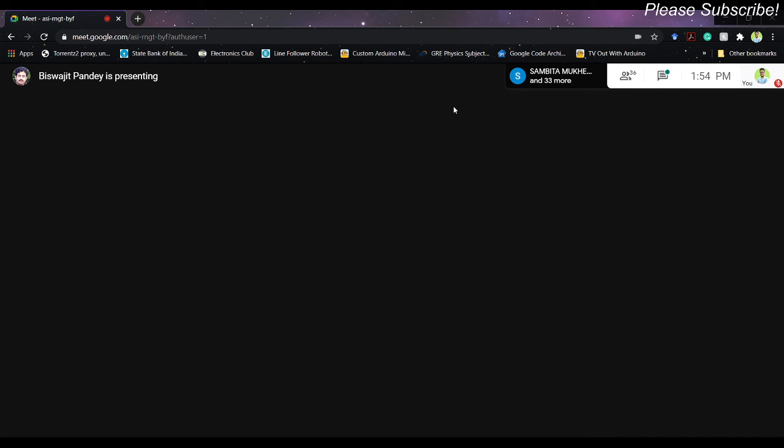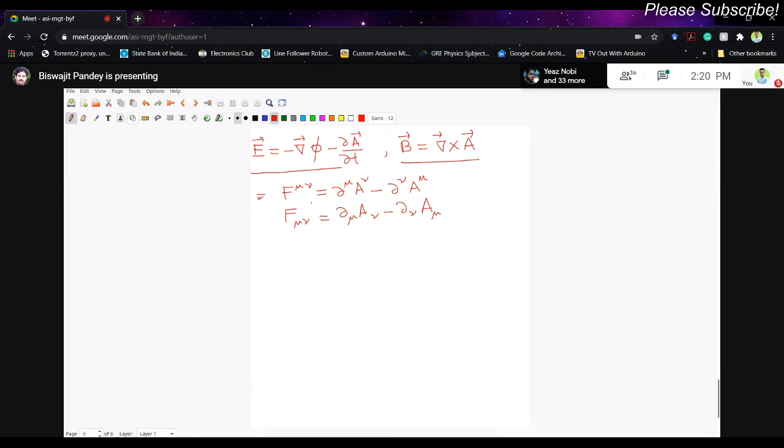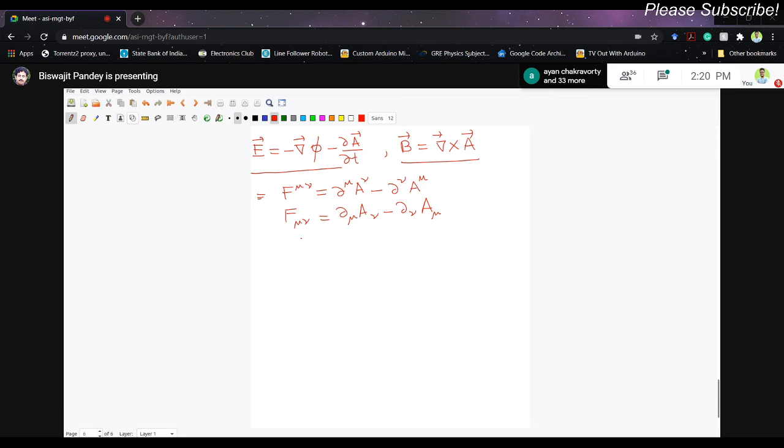Similarly, the covariant components of the field tensor can be written as del mu A nu minus del nu A mu. This is one way of writing. Again, I told you that F mu nu can have different forms. So based on what form you have chosen, sometimes you may have to write F mu nu as del nu A mu minus del mu A nu.